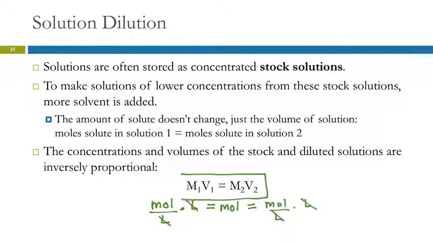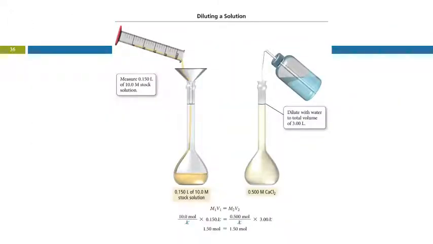So whether that explanation meant anything to you or not, M1V1 equals M2V2. So here's an example of diluting a solution. We're going to do this in lab today too.